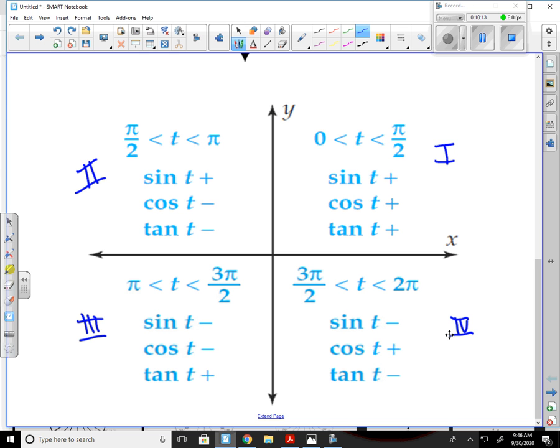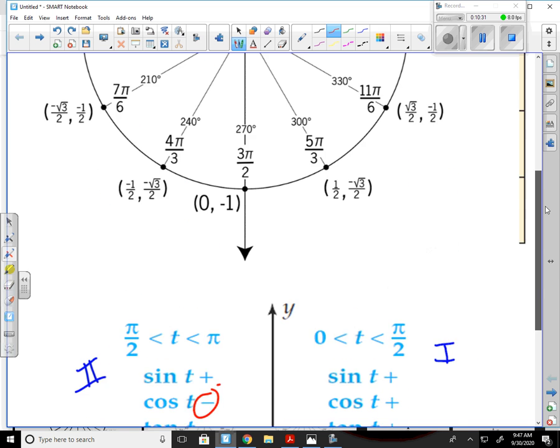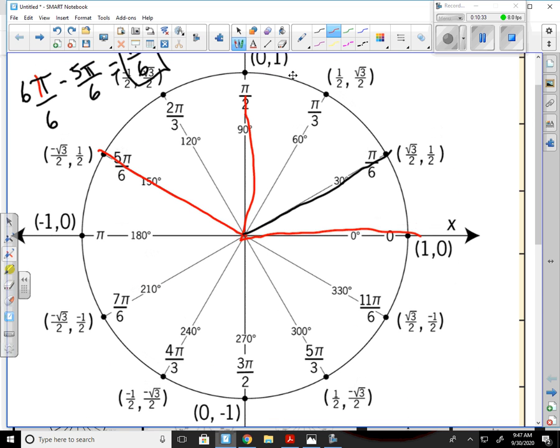So if I'm doing 5 pi over 6, and I was trying to find the cosine, 5 pi over 6 is over here. That makes it a negative. And then pi over 6 was the reference angle, which gives root 3 over 2. So it's negative root 3 over 2. So using reference angles, I really only have to memorize this first quadrant. Pi over 6, the cosine is root 3 over 2, and the sine is 1/2.